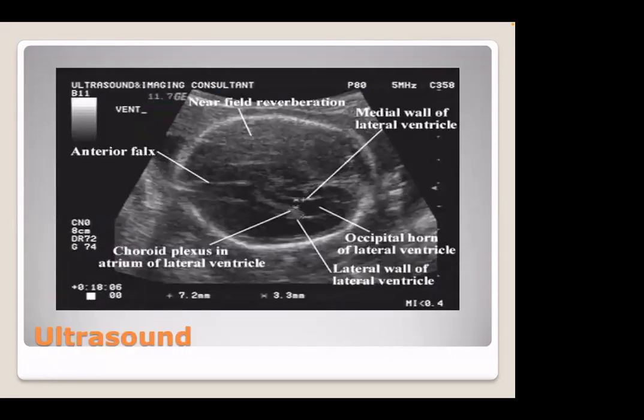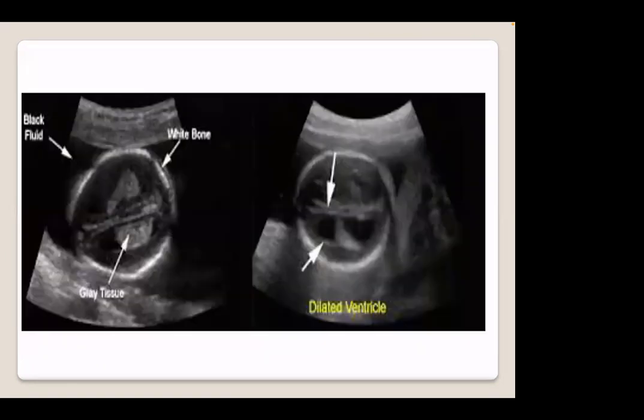About the antenatal ultrasound, showing the occipital horn of the lateral ventricle, lateral wall of the lateral ventricle, and the medial wall of the lateral ventricle, choroid plexus in the atrium of lateral ventricle. This is the anterior fossa.